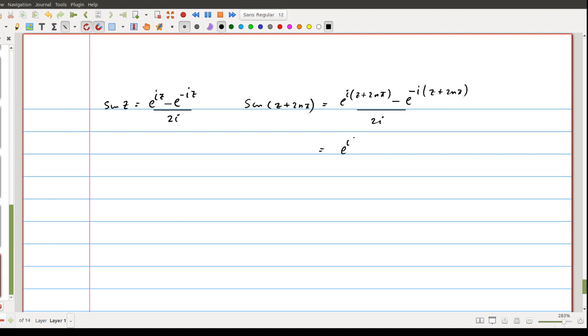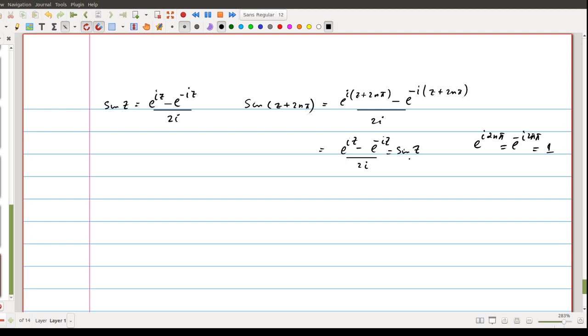So this is e power iz minus e power minus iz, because e power i 2n pi and e power minus i 2n pi are reciprocals of each other, both are 1. So we have the same thing, which shows that sin of z plus 2n pi is the same as sin z. So sin z as well as cos z are functions of period 2n pi.